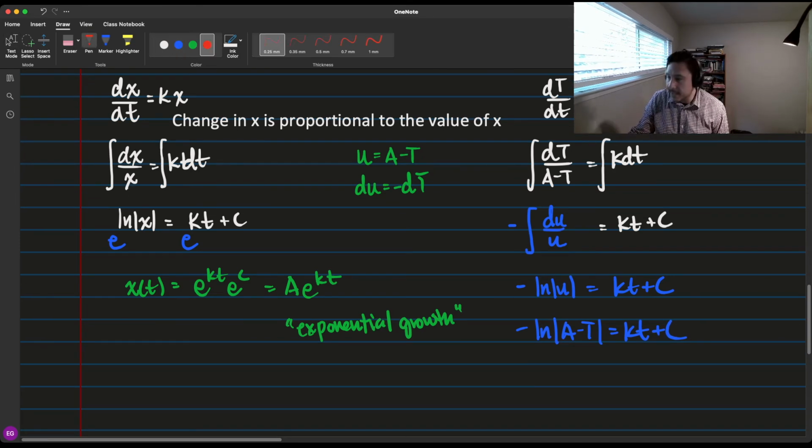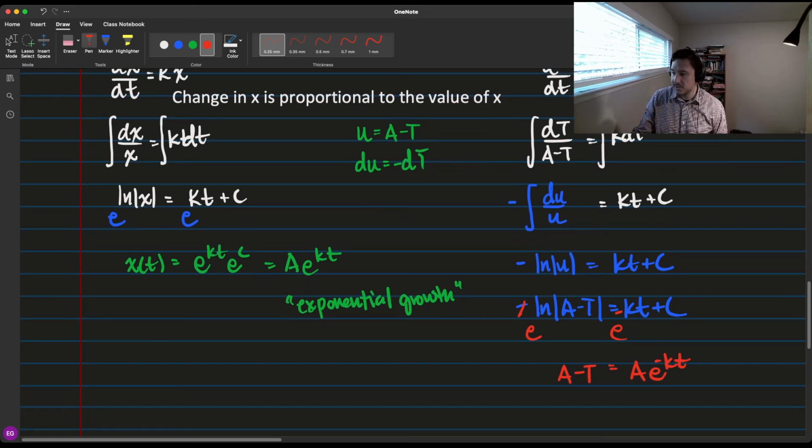When you raise the exponential to that, you get something very similar again. E to the c will just be a, e to the kt. And then I guess you could just switch the minus to the other side. Let's put it over here so you get a minus kt. So over here you get a minus T equals, actually we shouldn't call this a because we have another a here.